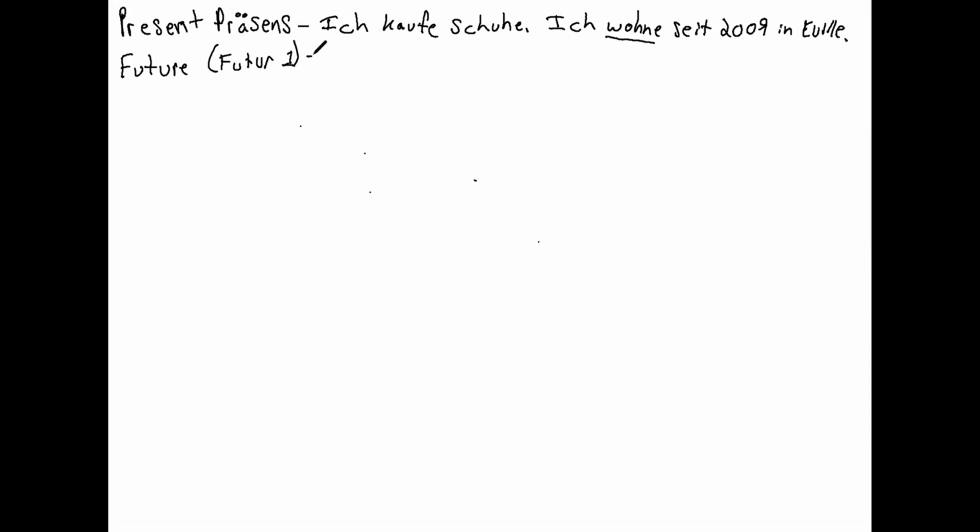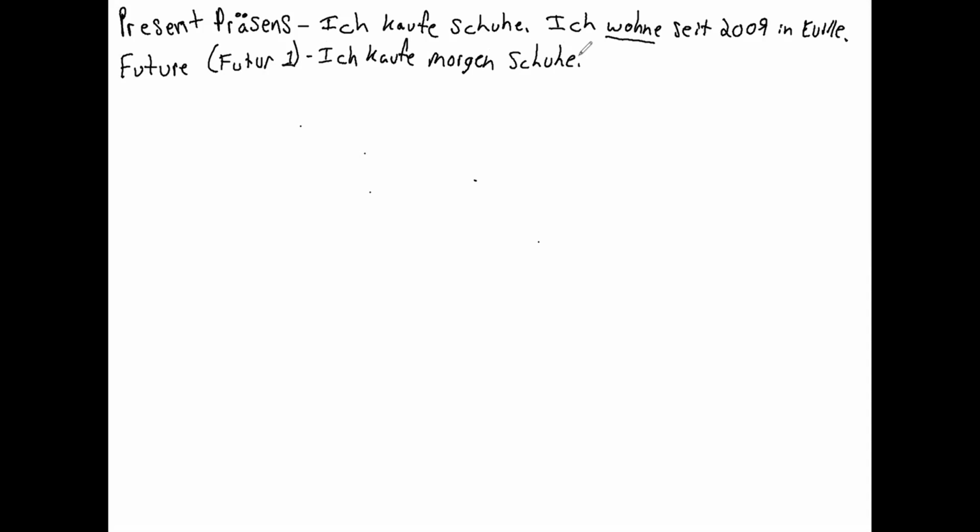But in order to make Futur 1, we can either use Ich kaufe morgen Schuhe, which is like I am buying shoes tomorrow, which as I just did in English, you can say something in the present tense, but use the time element of the sentence to imply the future.